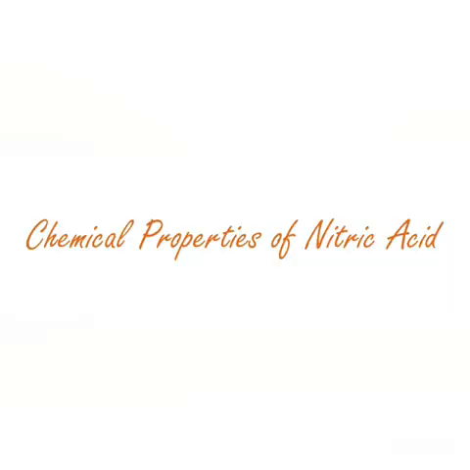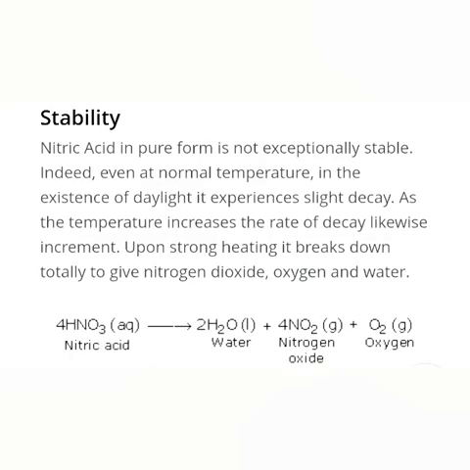Then we come to the chemical properties of nitric acid. First is stability. In pure form, it is not very stable. Even at normal temperature, in the presence of daylight, it undergoes slight decomposition. As the temperature increases, the rate of decomposition also increases.